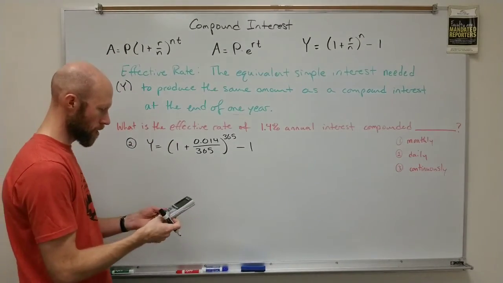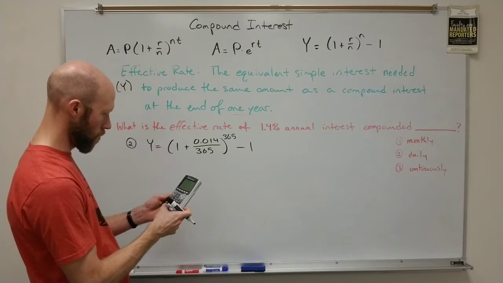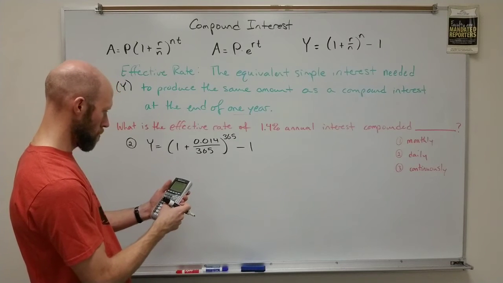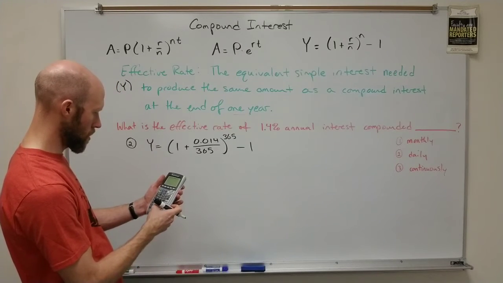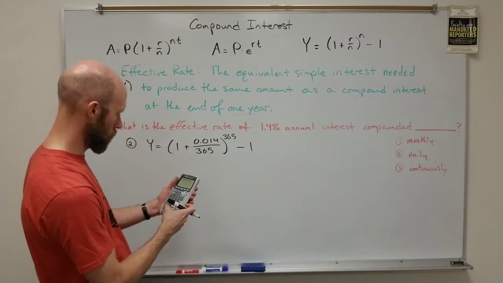Got to go to the calculator on these. Parenthesis 1 plus 0.014 over 365, parenthesis raised to the 365, and then outside of the exponent minus 1.